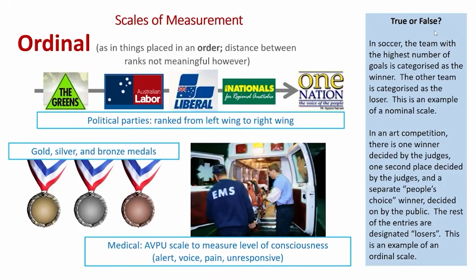Because we can't rank order the People's Choice, this can't be an ordinal scale. If we remove the People's Choice, it would be an ordinal scale. But if we include it, then we would have to deal with it as if it were a nominal or categorical scale. So the answer to that is false.